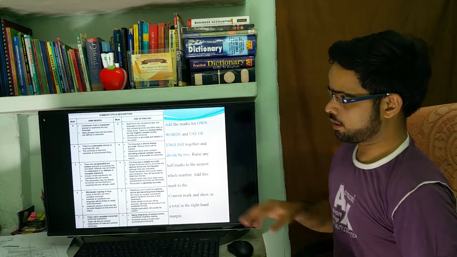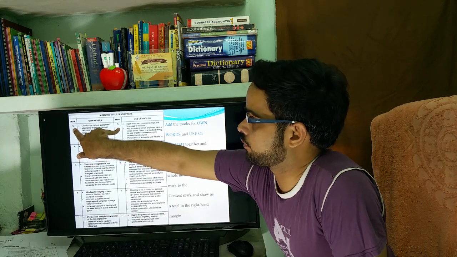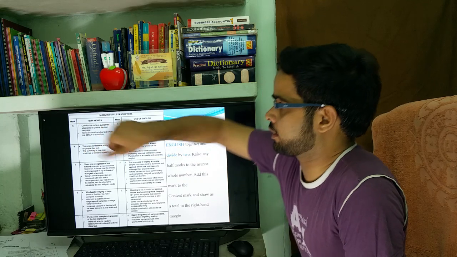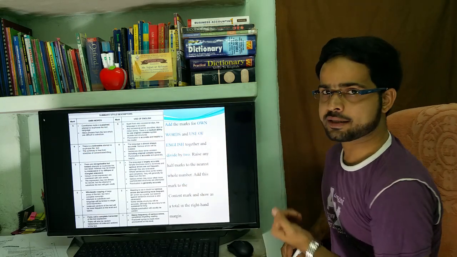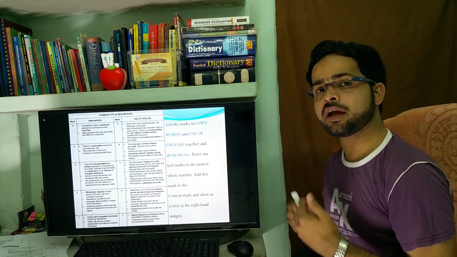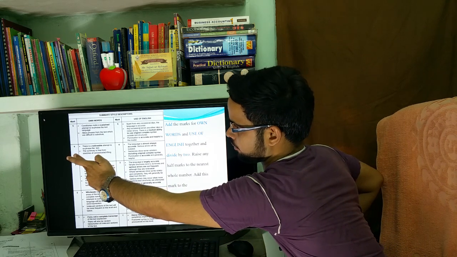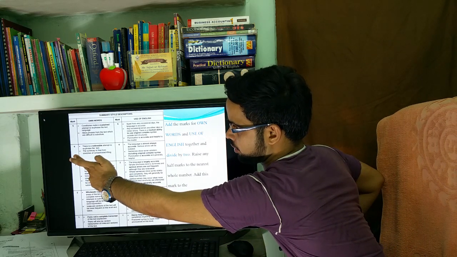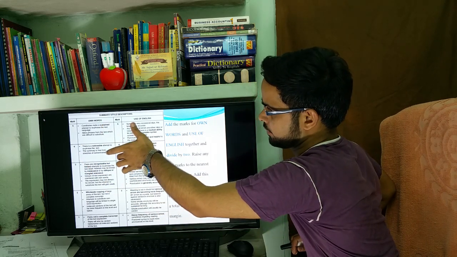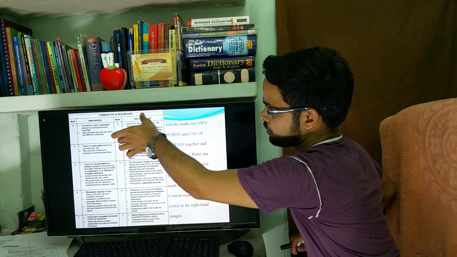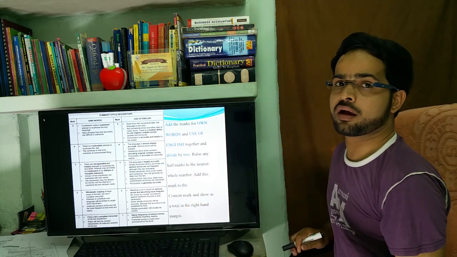What happens is, the marks will be added. 5 plus 5 is equal to 10, and 10 will be divided by 2. For example, if you get 4 marks in own words in the summary portion, and 5 marks for use of English in your summary, then overall you will have 9 marks.